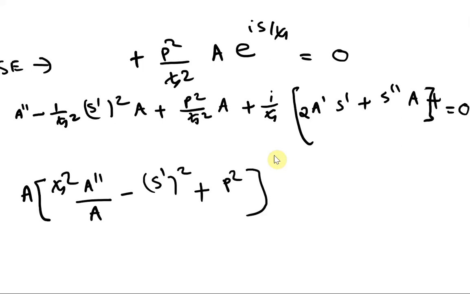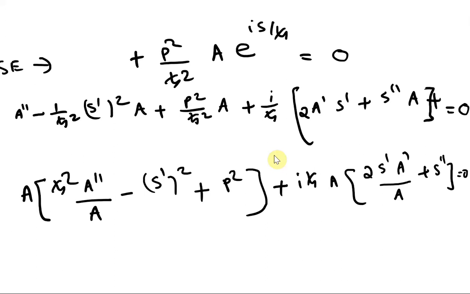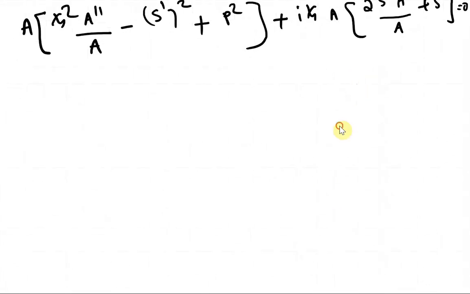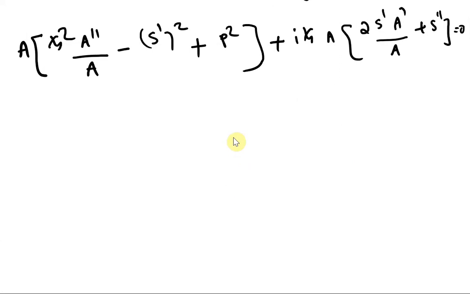That is your first real part equation, and when you are multiplying this equation with h cross square, it will become i h cross. Want to take A outside, you can take 2 S prime A prime divided by A plus S double prime equal to 0. So you will get two equations when you compare the real and imaginary part. And how do we solve these equations?